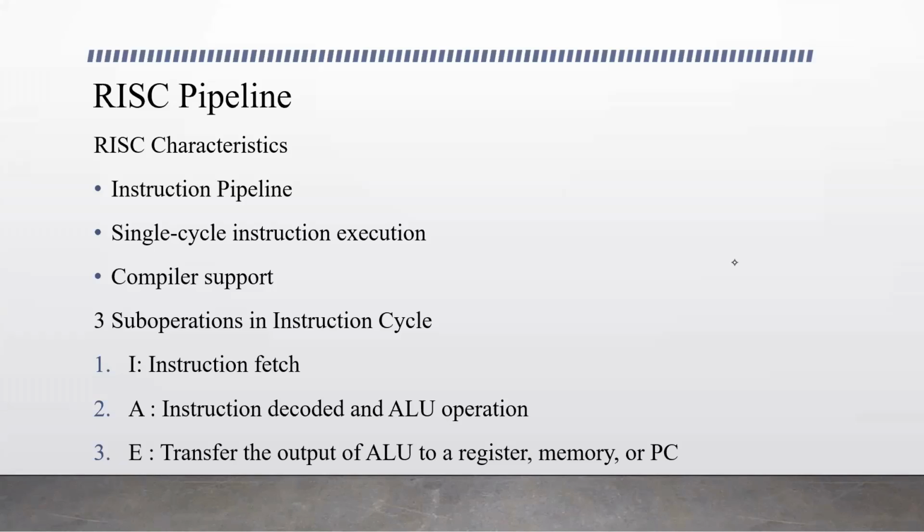RISC computers have a simple instruction format, and these instructions can be broken down into smaller sub operations very easily. Because of this feature, computers can use an efficient pipeline.